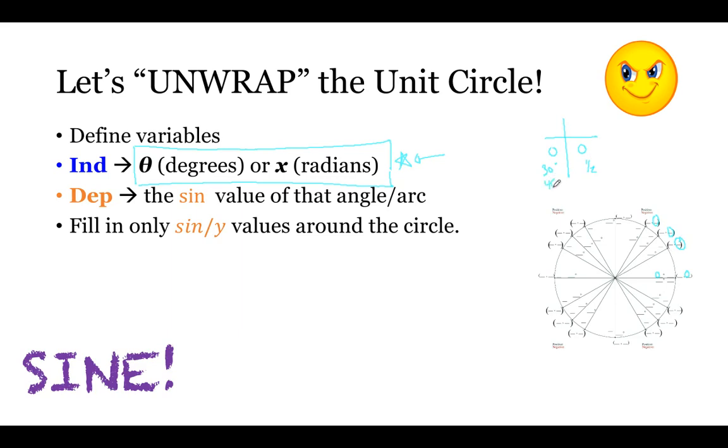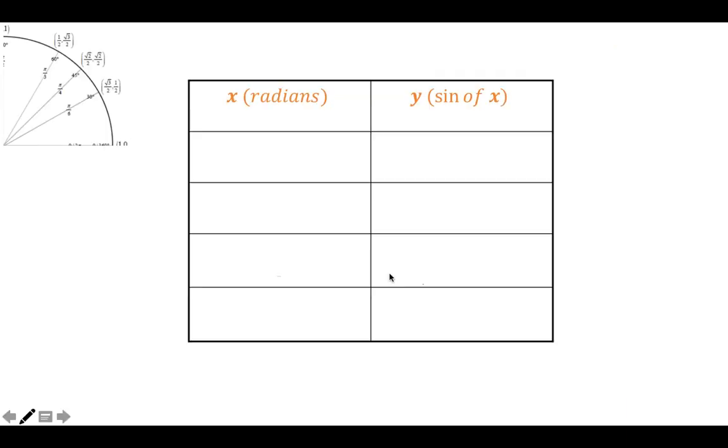My input is 45, my output is 1 over root 2. My input is 60, my output is root 3 over 2. My input is 90, my output is 1, that idea. So we're going to start with quadrant 1. These are going to be quadrant 1 values.